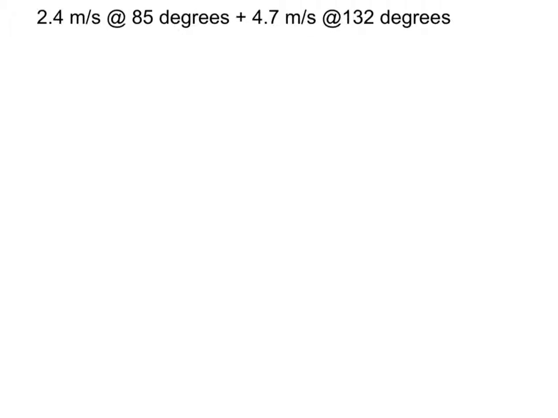Alright, so let me work another problem through from the beginning here. Step 1 is to sketch. So 2.4 at 85 degrees is going to be somewhere in here, 2.4 meters per second, and 4.7 meters per second at 132 degrees is going to be something like this, right?